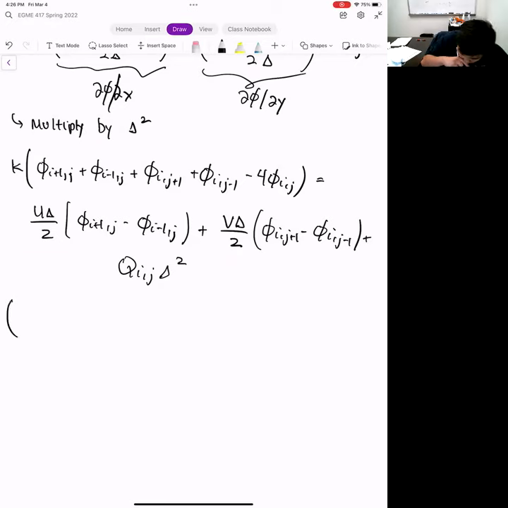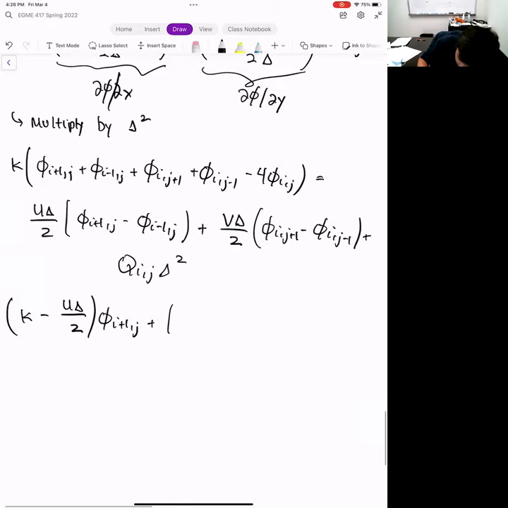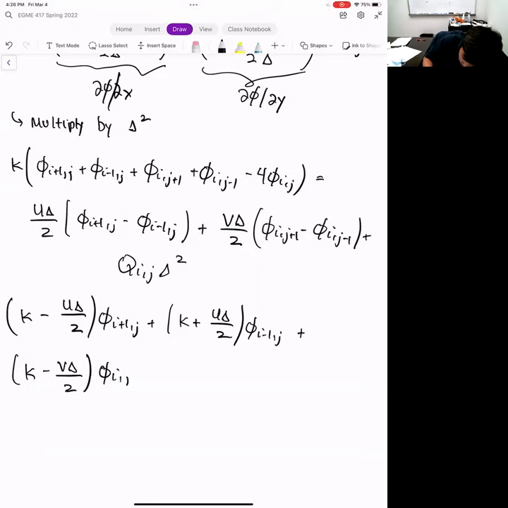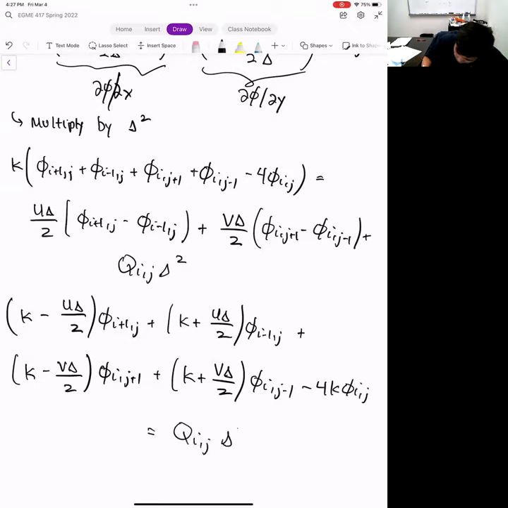We'll start with phi i plus 1, and so we have k minus u delta divided by 2 times phi i plus 1 comma j, plus, for phi i minus 1, we have k plus u delta divided by 2 times phi i minus 1 comma j, plus k minus v delta divided by 2 times phi i comma j plus 1, plus k plus v delta divided by 2 times phi i comma j minus 1, minus 4k phi i comma j is equal to q i comma j delta squared.